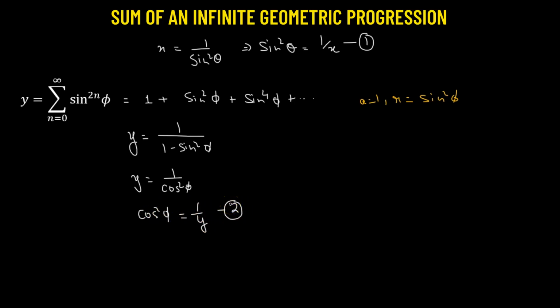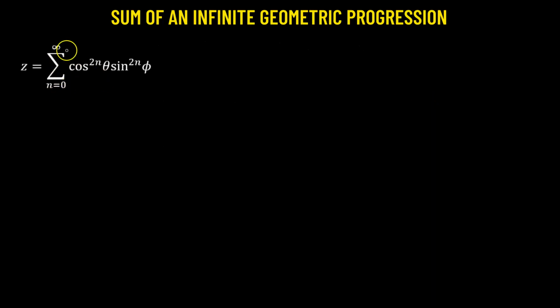Then we'll be working with the third infinite geometric series z, which is given by the summation n going from 0 to infinity of cosine theta raised to the power of 2n times sine phi raised to the power of 2n. When we expand it, we get the first term as 1. The second term is going to be cosine squared theta multiplied by sine squared phi. The third term is going to be cosine raised to the power of 4 theta times sine raised to the power of 4 phi.